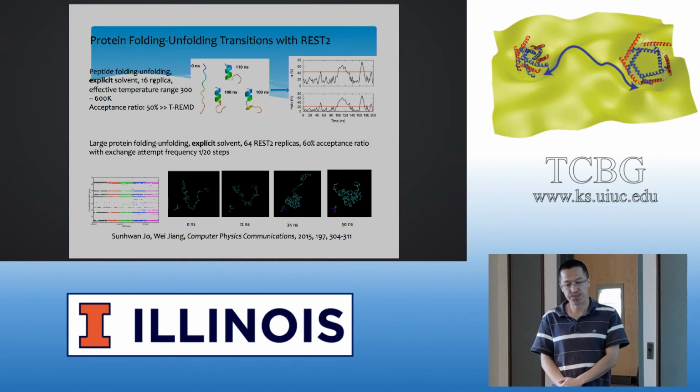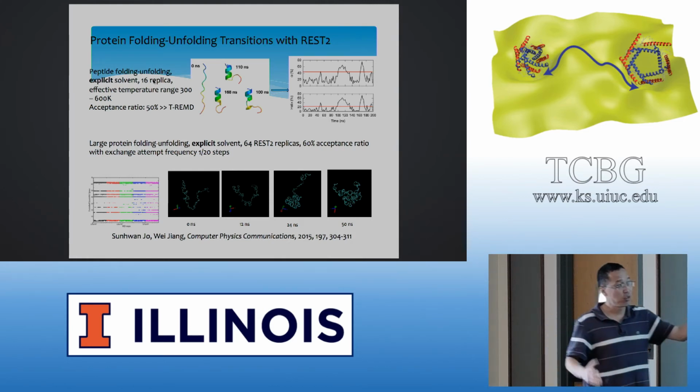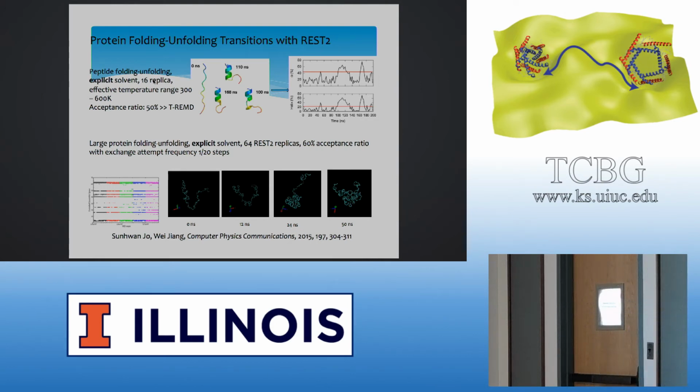Pathway, okay. Here you see. Pathway is not just whether a thing occurs or not, but you also need to provide population. Because, for example, with REST2, here, like this case, or this case, this is the folded state, right? This is the unfolded state. These are two intermediate states.